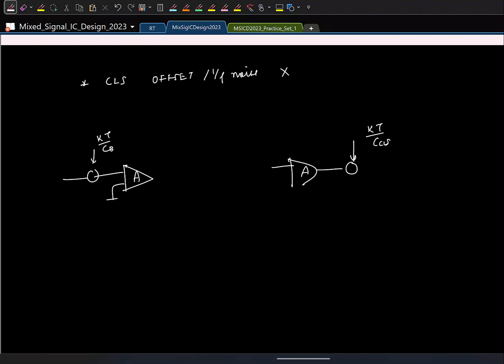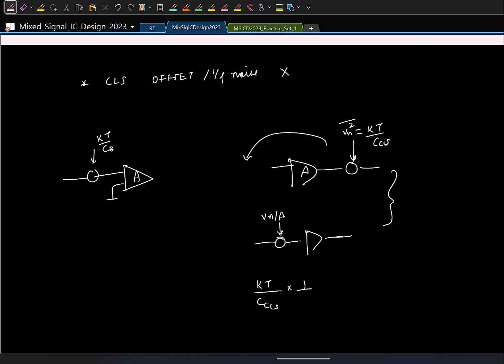If this has a gain of A, if I refer it to the input, what will happen? This is Vn. What will this be so that both are the same? A times 1 by A times. This will be Vn by A, right? And this is the mean squared value. So the effective input referred mean squared noise value will be KT by CCLS divided by A square. So that is one advantage with CLS over CDS.